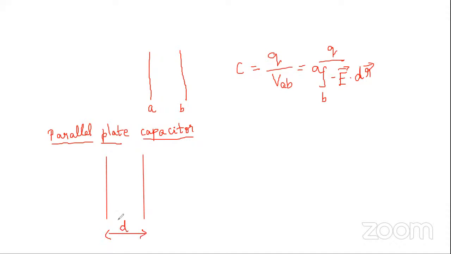Whenever you give a charge, sigma positive, that means you are giving positive charge to this plate, with surface charge density sigma suffix plus. Sigma plus is the surface charge density of the positive charge you are supplying to the first plate.